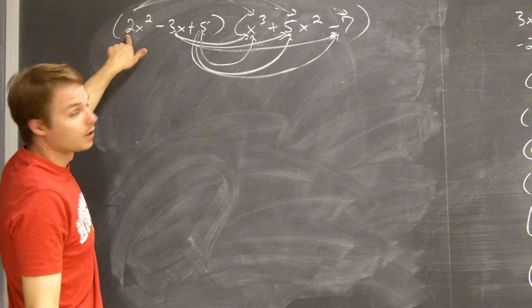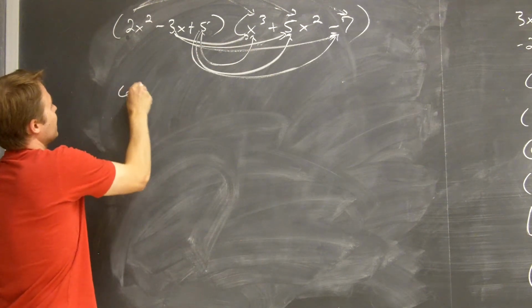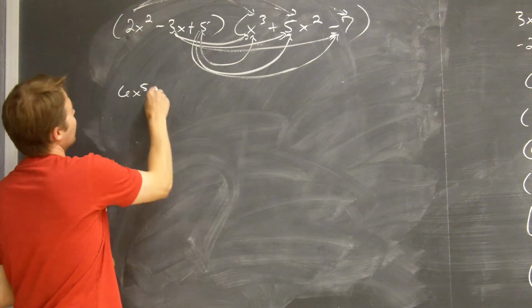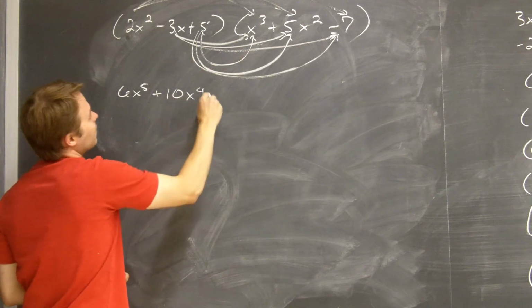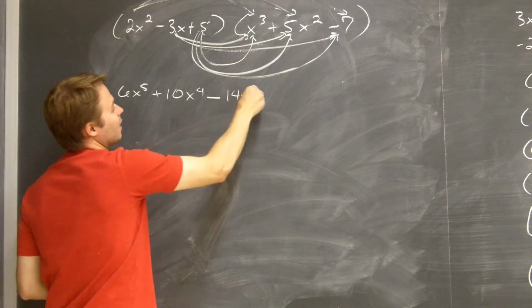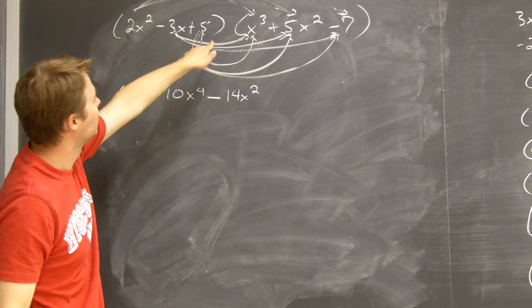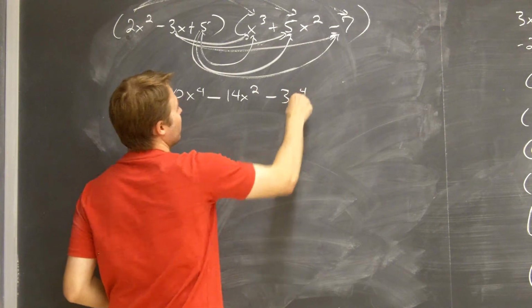Alright, so let's start with the 2x squared. 2x squared times x cubed, that will be 2x to the 5th. 2x squared times 5x squared, that will be 10x to the 4th. 2x squared times negative 7 will be minus 14x squared. And now on to the negative 3. Negative 3x times x cubed will be minus 3x to the 4th.